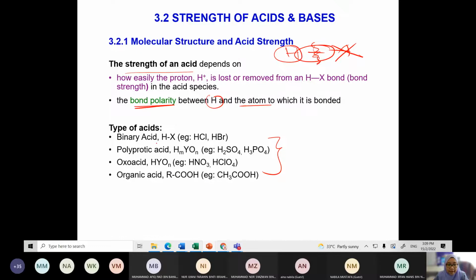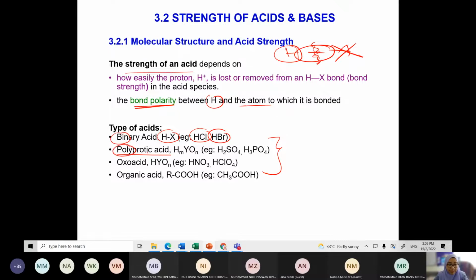First, we have binary acid. The word bi stands for two species involved in the acid. Normally we represent it as HX. For example, we have HCl and HBr. Then we have polyprotic acid.